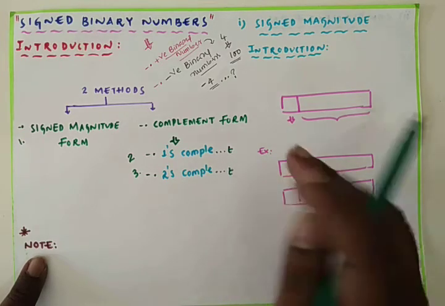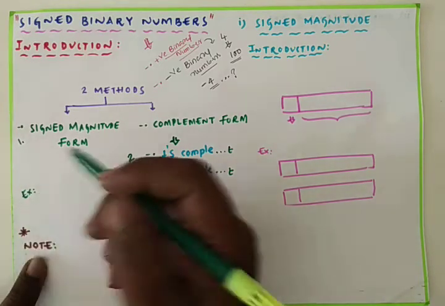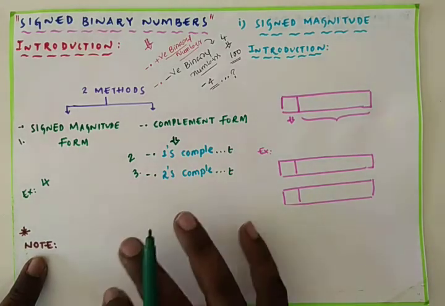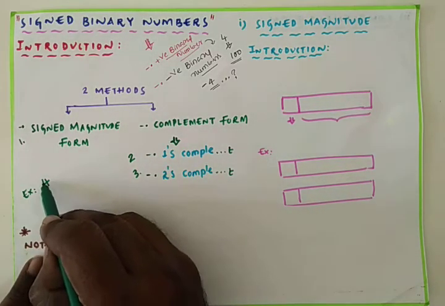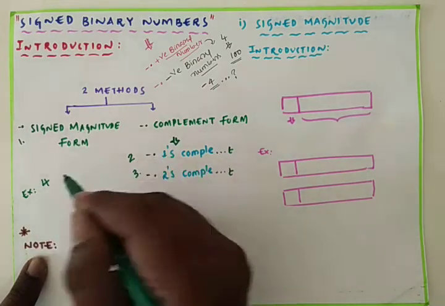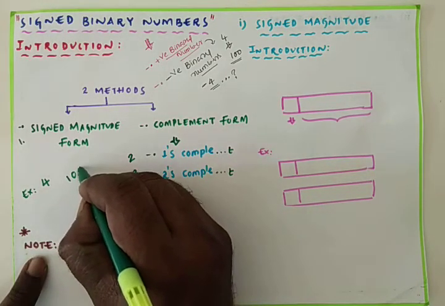I am going with an example. For example, plus 4 is there. In sign magnitude form, plus 4 means what? It is simply 4, it is plus 4 only. In sign magnitude form, that 4 is 100.